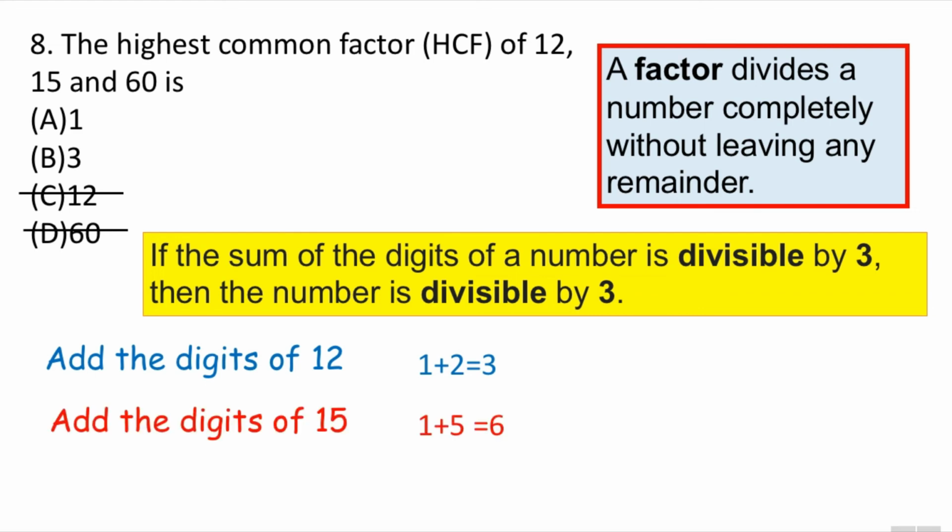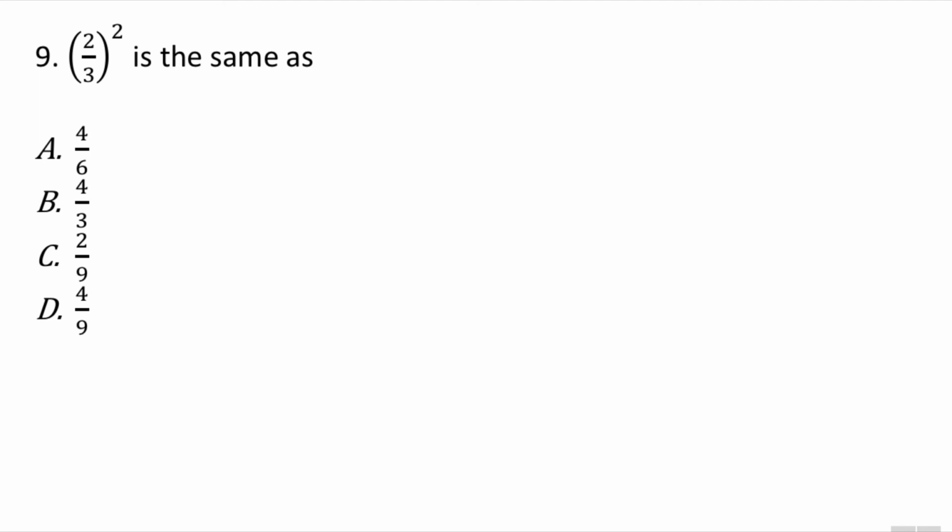And then we add the digits of 15, that's 1 plus 5 is equal to 6. 6 is divisible by 3, which therefore means the number 15 is also divisible by 3. And finally, we add the digits of 60, that's 6 plus 0 equals 6. 6 is divisible by 3, hence 60 is also divisible by 3, which therefore means our answer is B. Let's now have a look at question 9.